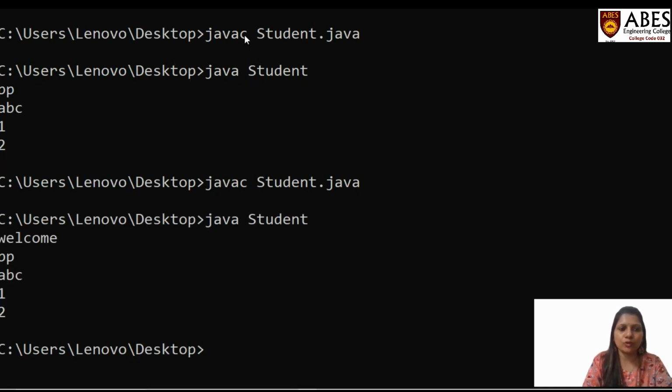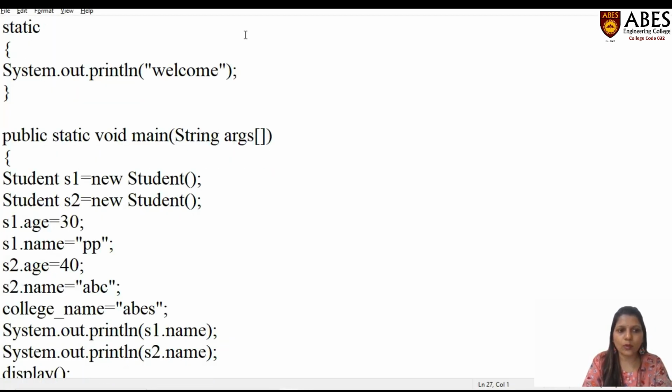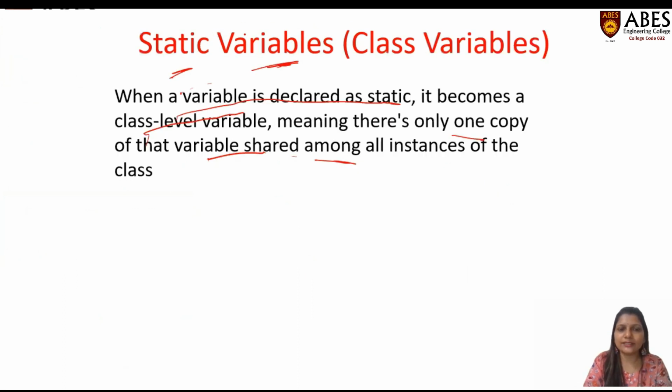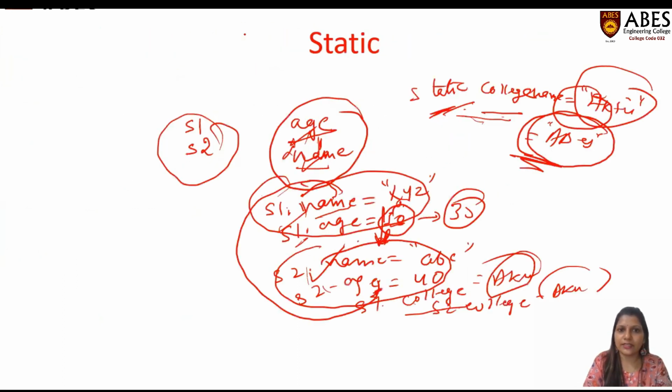Next, according to your requirement, whatever you have called, you will get the output. So this is the example of the static block, static methods and static variables, right?